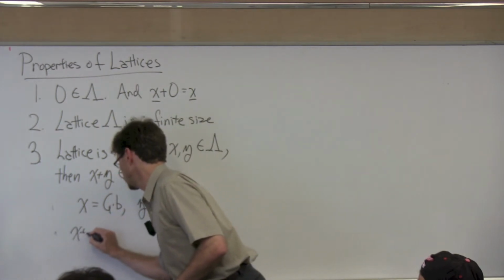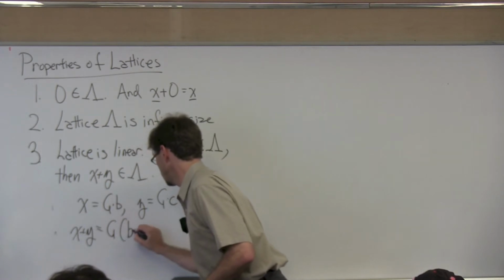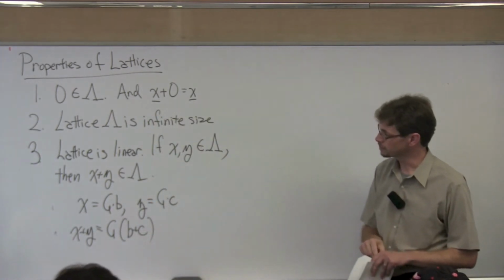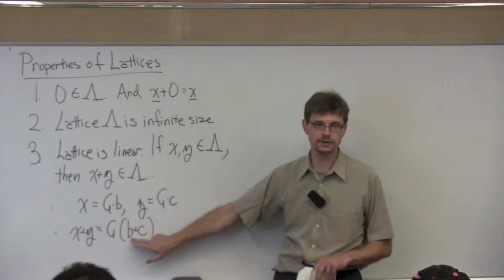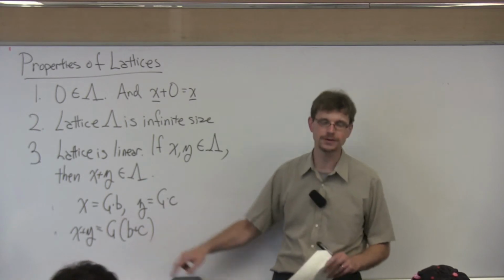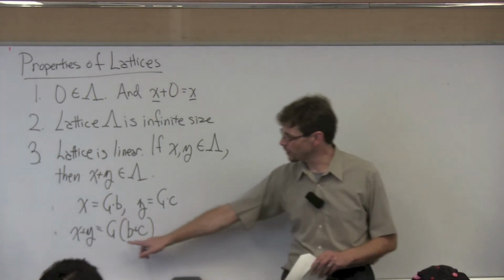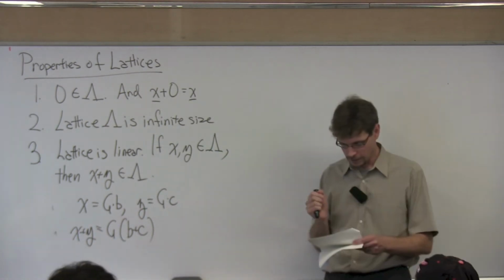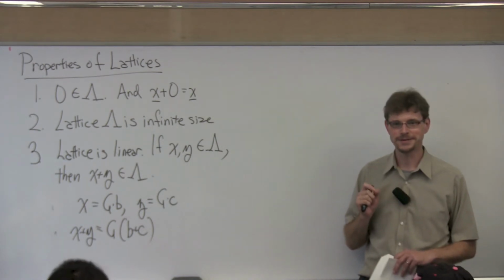Then x plus y is equal to G times (b plus c). So since b is an integer vector and c is an integer vector, the sum of two integer vectors is still an integer vector. Therefore, x plus y must be a lattice point. So this linearity property is very important and interesting.